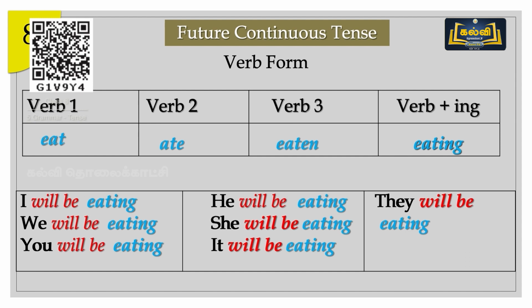I will be or I shall be. We will be or we shall be. And you will be, he will be, she will be, it will be, and they will be. So will be and shall be should be used. And will be can be used with all the pronouns.